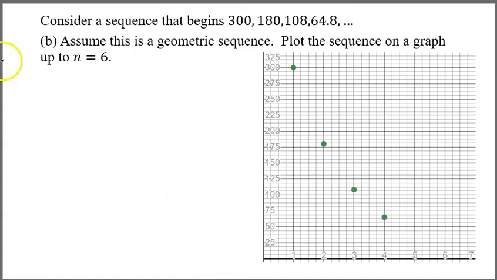Okay, now the same sequence. Now we want to assume it's geometric, so let's plot the sequence on the graph. Here are the first 4 terms. You can see term 1 is 300, term 2 is about 180, term 3 is about 108, term 4 is about 64.8. So we have to find 5 and 6. T of 5 is going to be 64.8 times 0.6, and that is 38.88.